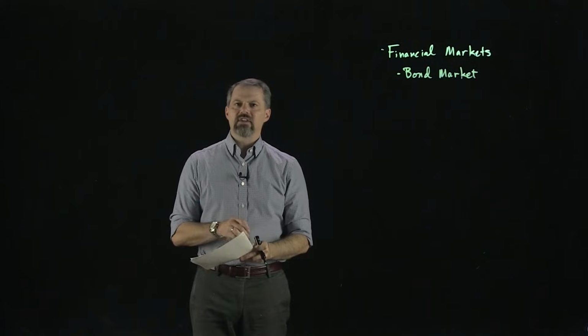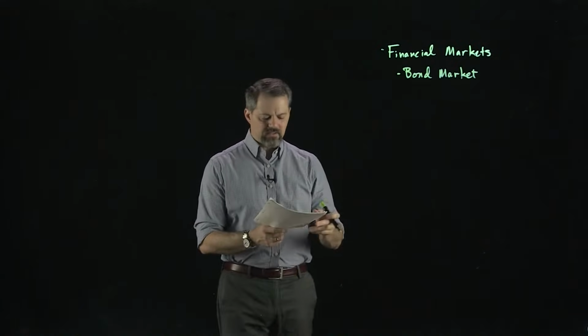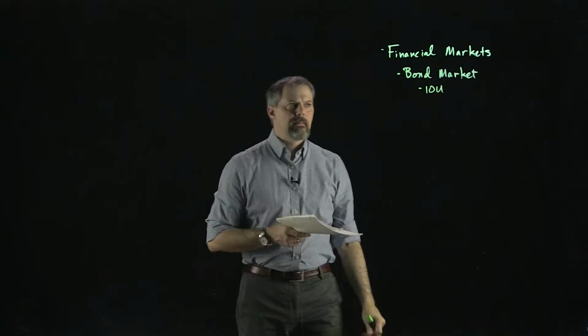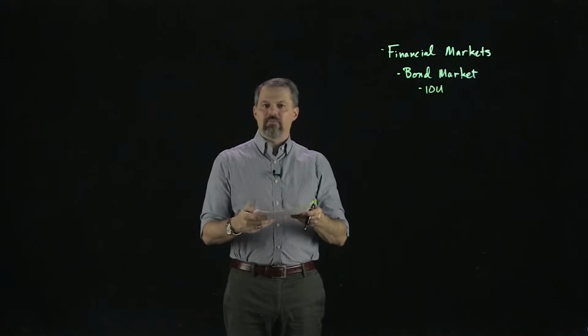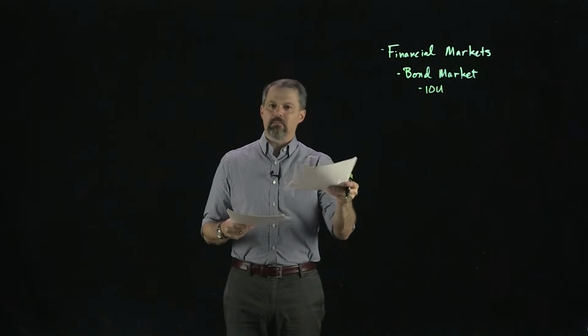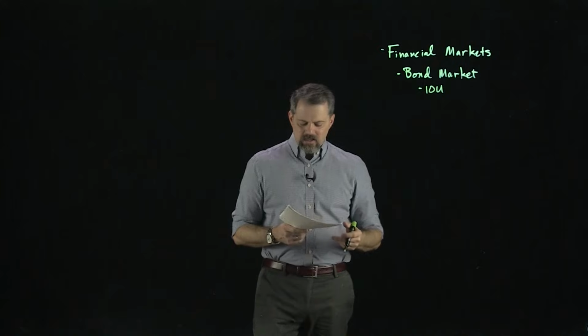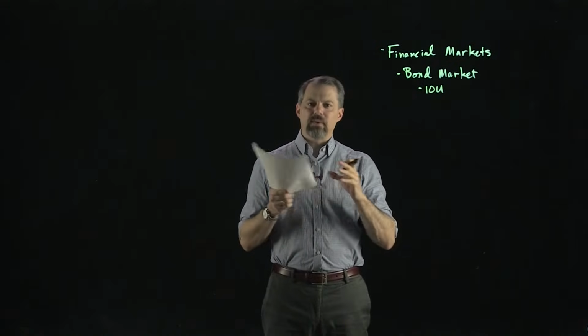A bond essentially is a certificate of indebtedness. That's all a bond is. It's nothing more than an IOU. So it typically would take the form of some type of certificate, the bond certificate, and on that certificate, the obligations of the borrower would be specified.